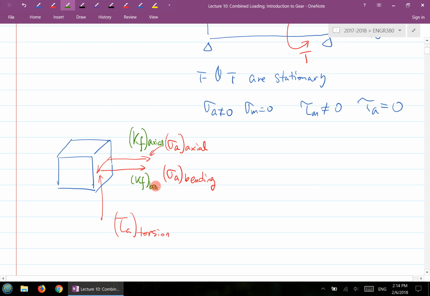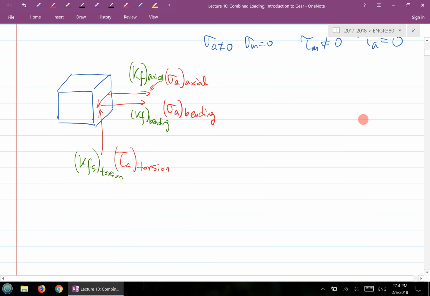So that's Kf of axial. This is Kf for the bending. Torsion, same thing, you will have to multiply. This time we call it Kfs, the fatigue stress concentration factor for the torsion type of loading. So that's the possible source for sigma A and tau A.